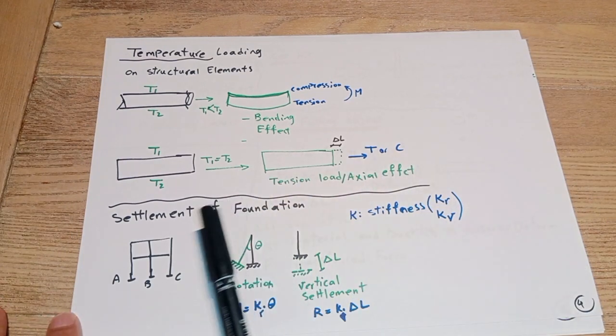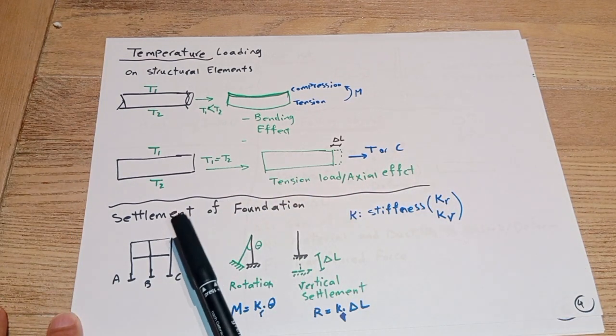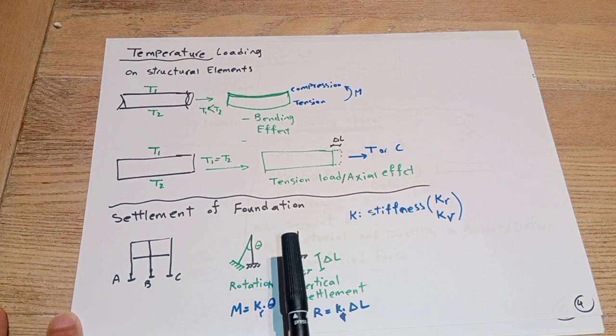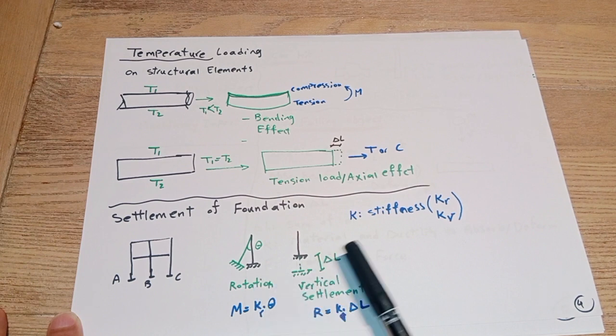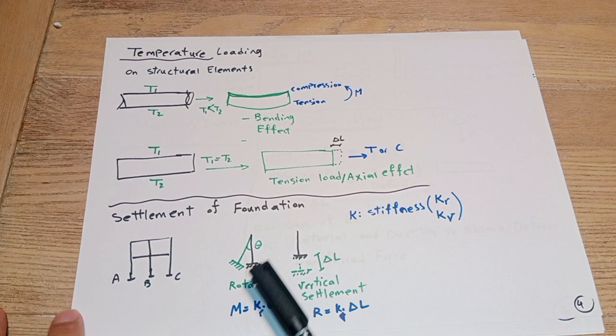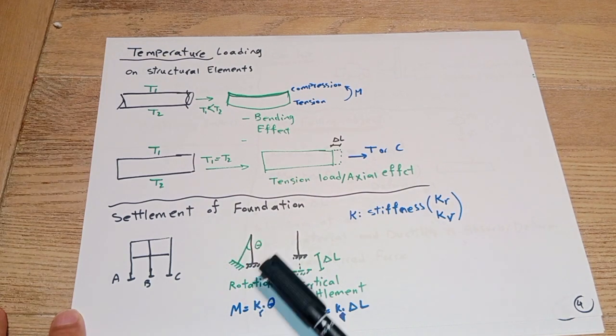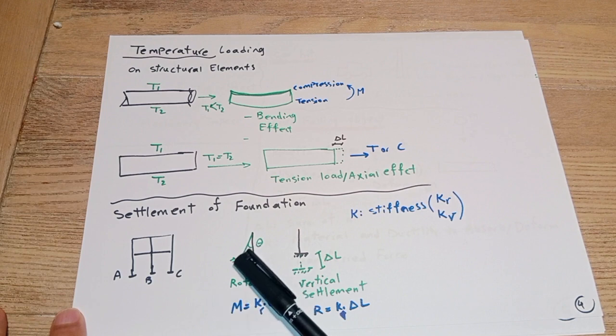Another environmental load is settlement of the foundation. For settlement, we have in general two types: rotation and vertical, and sometimes horizontal settlement as well. For rotation settlement, the applied M, or the reaction on the foundation, will be M equal to KR, the stiffness in rotation, times theta.